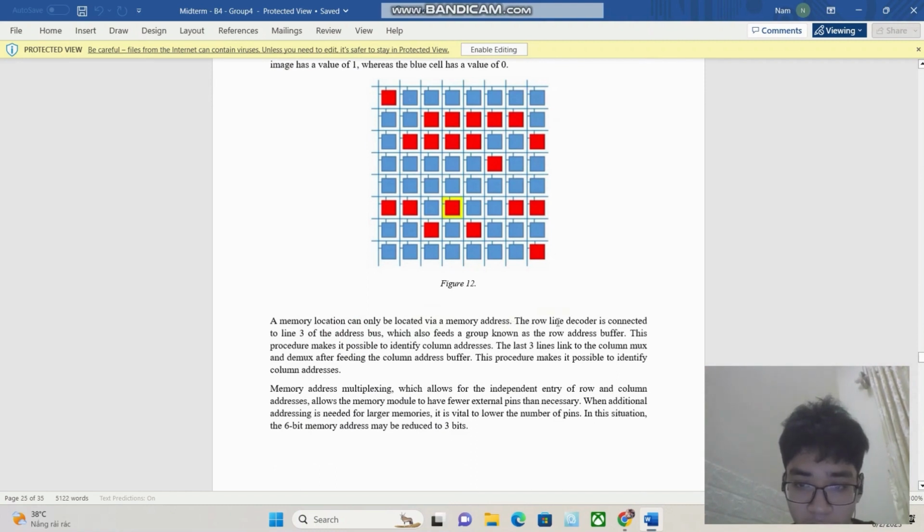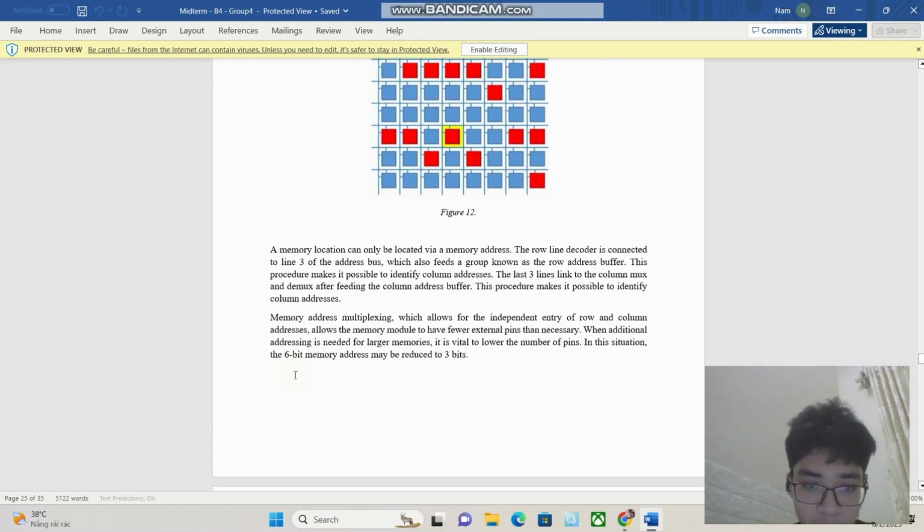The row line decoder is connected to the first 3 lines of the address bus, which also feed a group known as the row address buffer. This procedure makes it possible to identify the row address. The last 3 lines link to the column decoder after feeding the column address buffer. This procedure makes it possible to identify the column address.